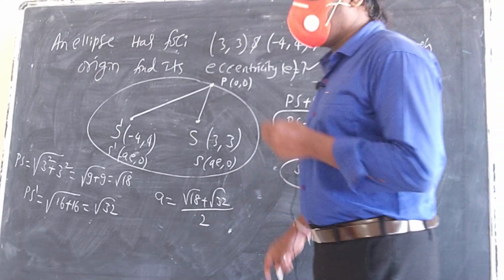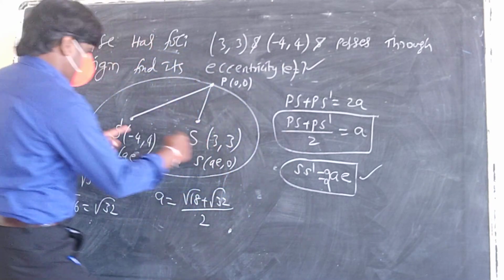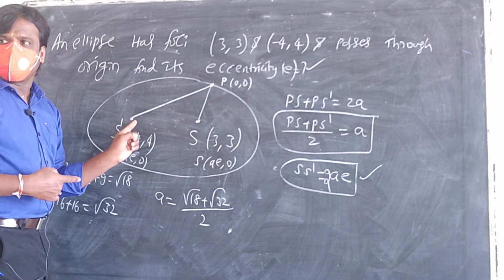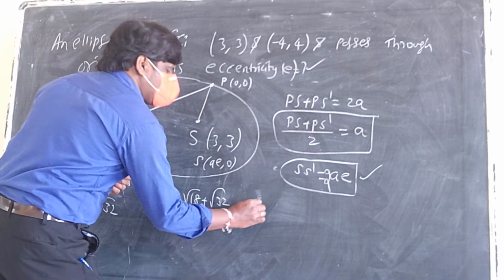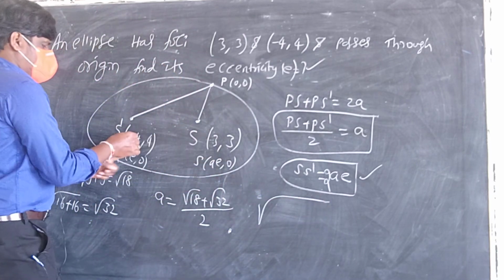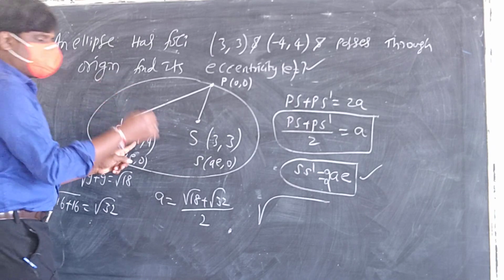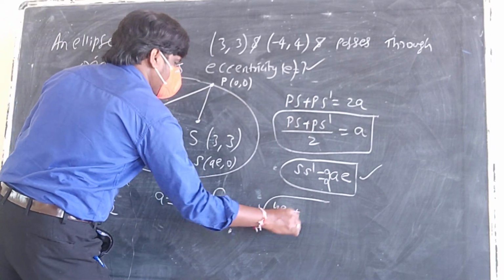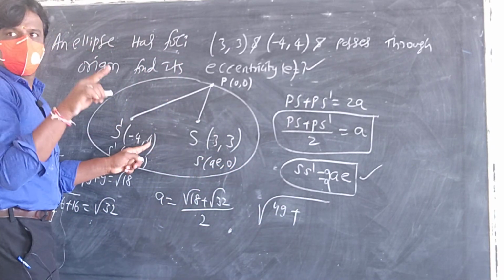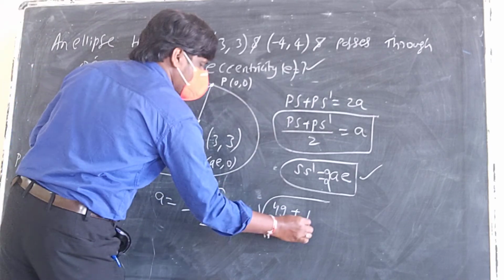So apply here SS dash, the distance between them. Apply the distance formula: under root of (3 minus of minus 4), so 3 plus 4 is 7, 7 square is 49, plus (3 minus 4), that is minus 1, minus 1 square is 1.